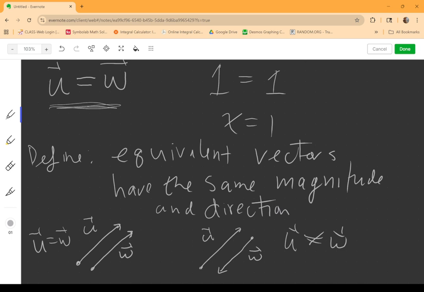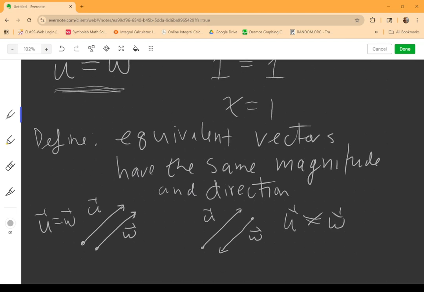Now we want to transition to where we think of vectors not necessarily just living in some kind of plane, but in context with our xy plane.